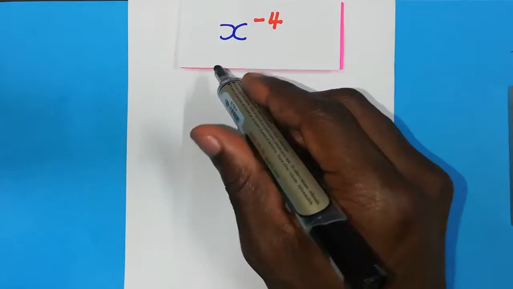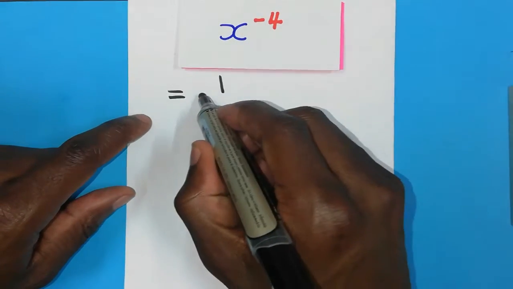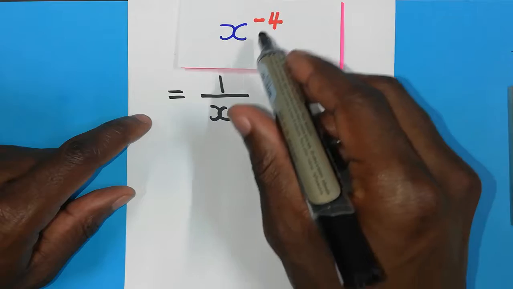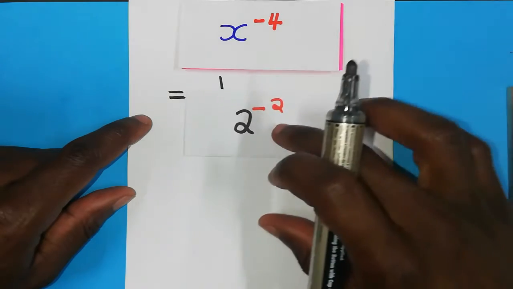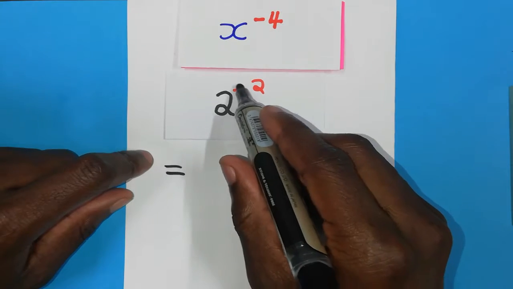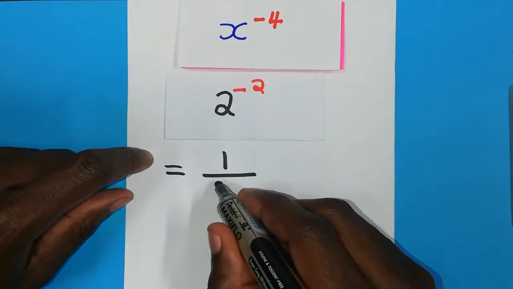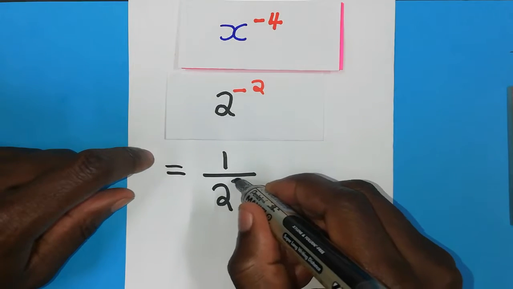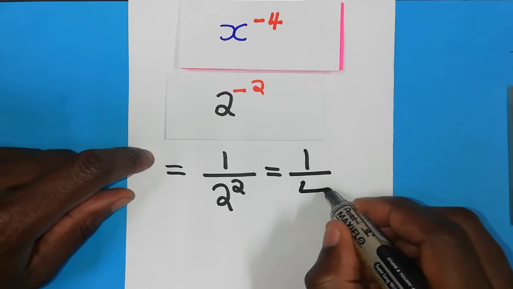If it's like this, so we have a negative there, I'm going to write 1 over, which represents that negative, and in the denominator I'm going to write x with a positive 4. Okay, good. So let's use the second example to explain further. Now when you check here, we have a negative. So I'm going to write 1 over, representing that negative, and in the denominator I'll write 2 with an exponent which is positive. So this one simplified further will be 1 over 4.